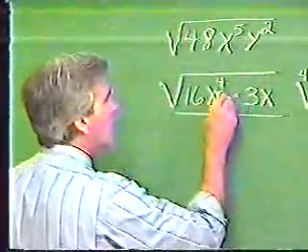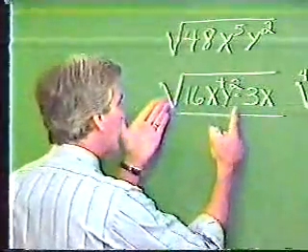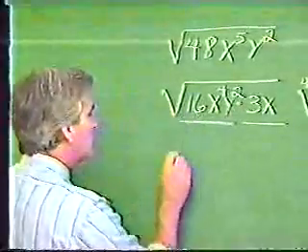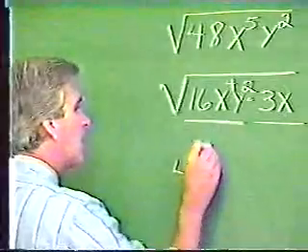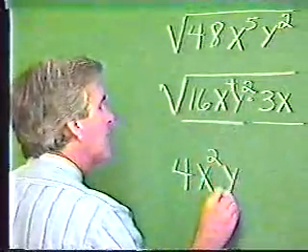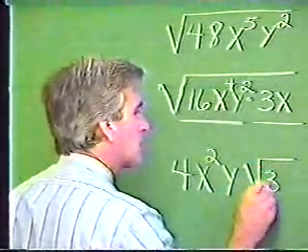Well, y squared itself is a square, so we'll write y squared here along with the squares. Now, we take the square root of each of these factors. The square root of 16, 4. The square root of x to the 4th, x squared. The square root of y squared is y. And left under the radical is 3x.